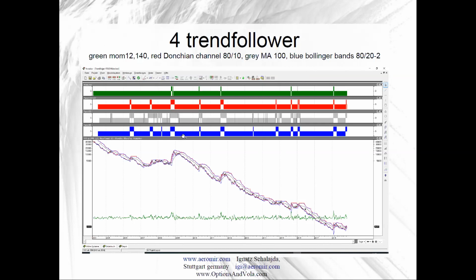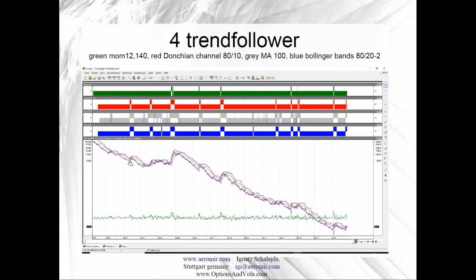And the last example is Bollinger Bands with 20 and standard deviation of 2. But with the Bollinger Bands, the standard deviation expands to both sides. So as you can see here, it expands to the downside and to the upside.